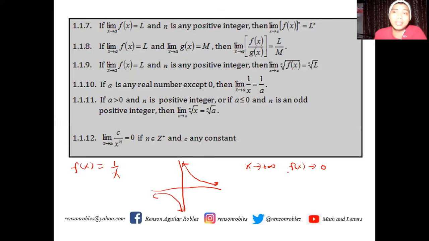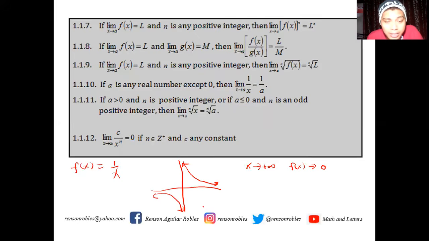And this is the definition of the asymptote: if the limit of f of x as x approaches infinity is equal to 0, then the line y equals 0 is a horizontal asymptote.